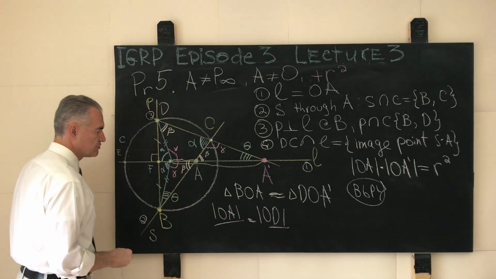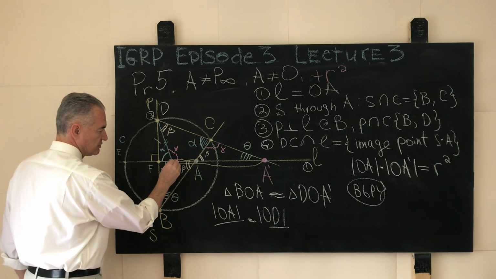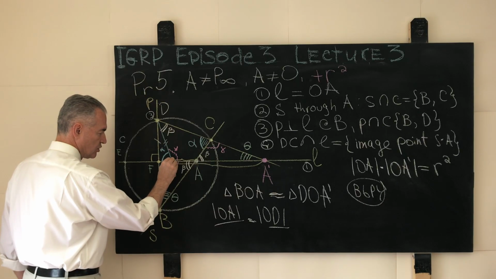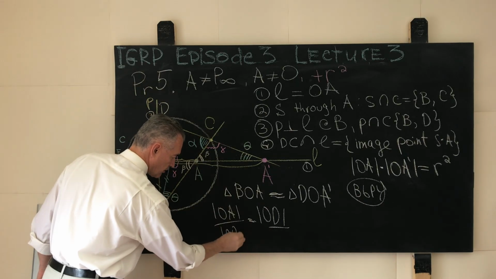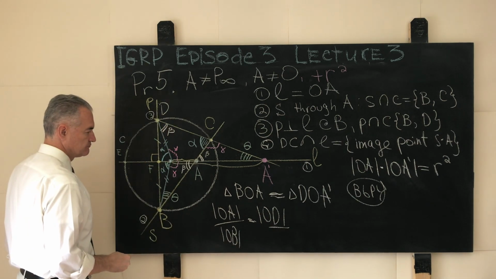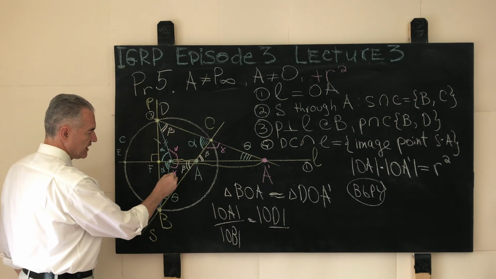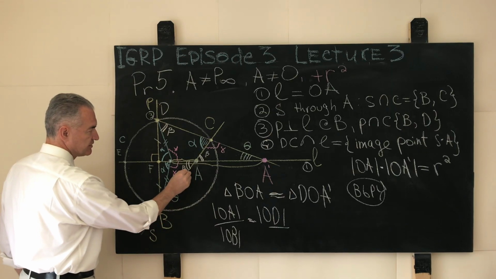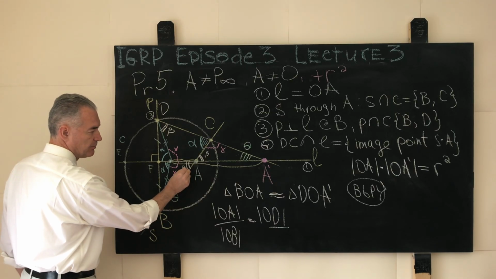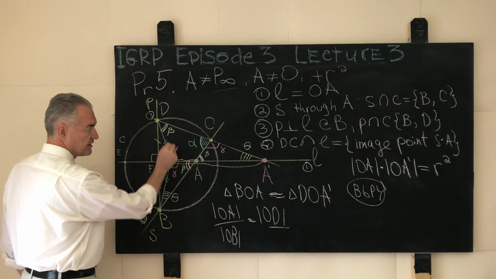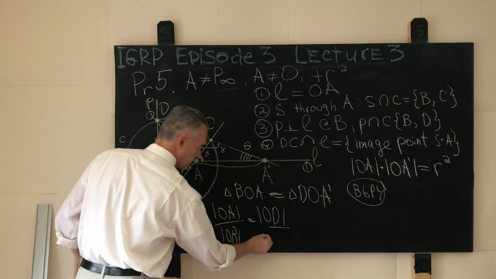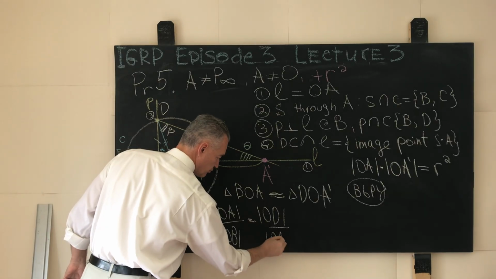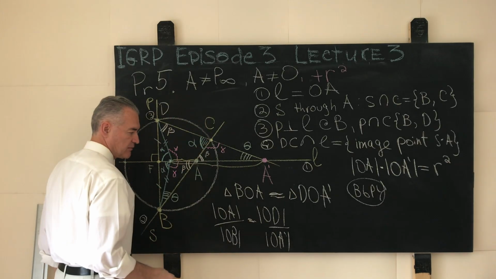Wonderful. Now we relate the side OA to the side OB, which lies in this triangle against the angle beta. In the larger triangle against the angle beta, which side lies? The side OA prime, exactly what we need. OA prime. Look at how beautiful these things come out.